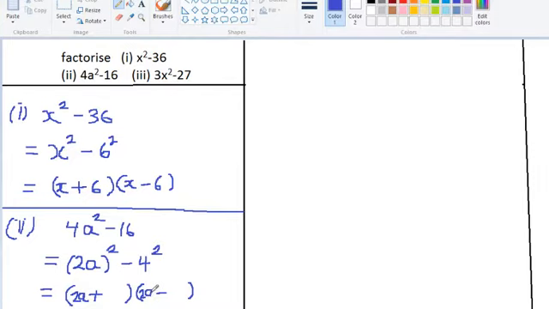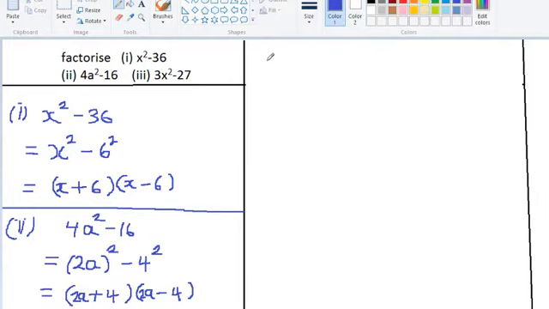And 4 will come in this spot and that spot. So we place our 4 in those positions. And that's it. We have 2a plus 4 multiplied by 2a minus 4.